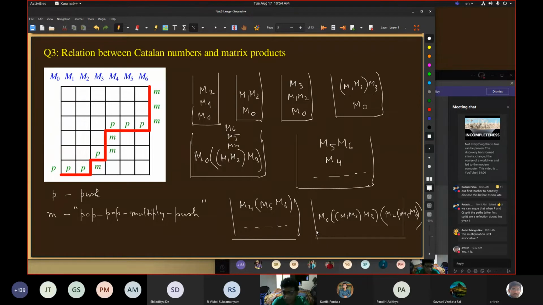Yes, sir, I have a doubt. You still have a doubt. Okay, tell. Sir, in the last operation, after we have popped, we are multiplying M1 with M2, then we are multiplying with M3, and then we are multiplying the result by M0, pre-multiplication. So this result as a whole is multiplied with the second term, right? M4, M5, M6. I am unable to understand the order in the last stack which you have drawn.